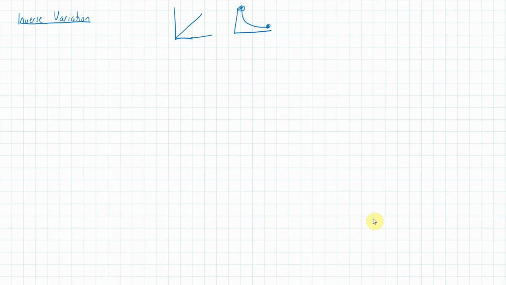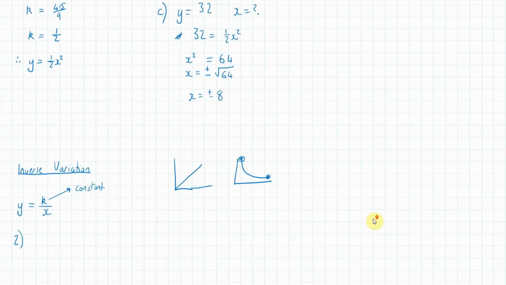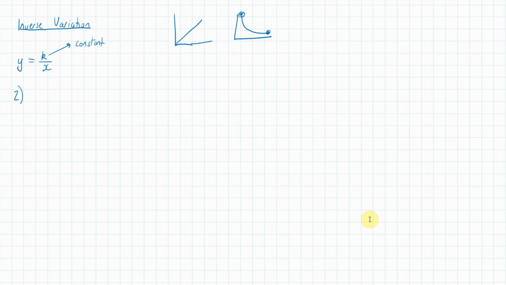A general formula for inverse variation is y is equal to k over x, where k is our constant of proportionality. Let's have a look at number 2. So we know that y varies inversely as x, and y is equal to 10 when x is equal to 2.4.